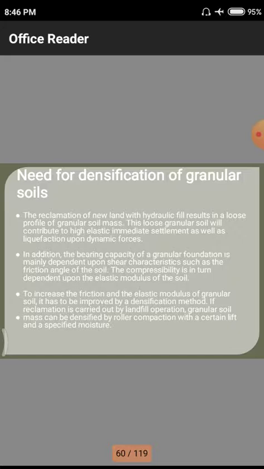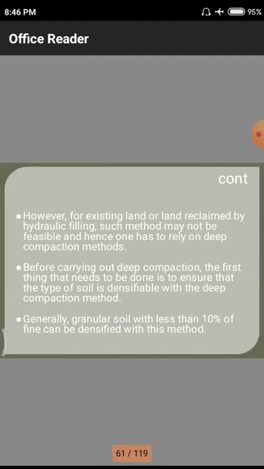Due to frequent vibrations from the movement of these rollers, compaction takes place, and the voids decrease automatically. There may be an increase in bearing strength and friction between the particles. This is the main theme behind the need for densification in granular soils.